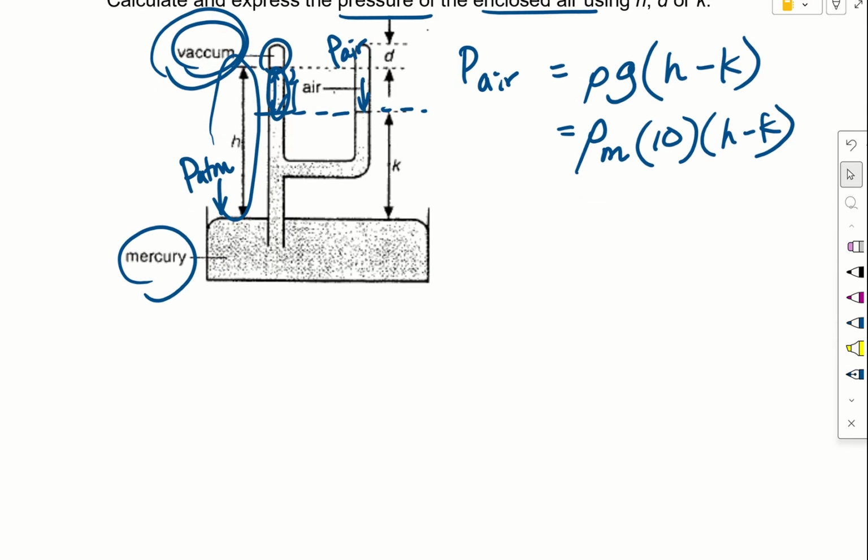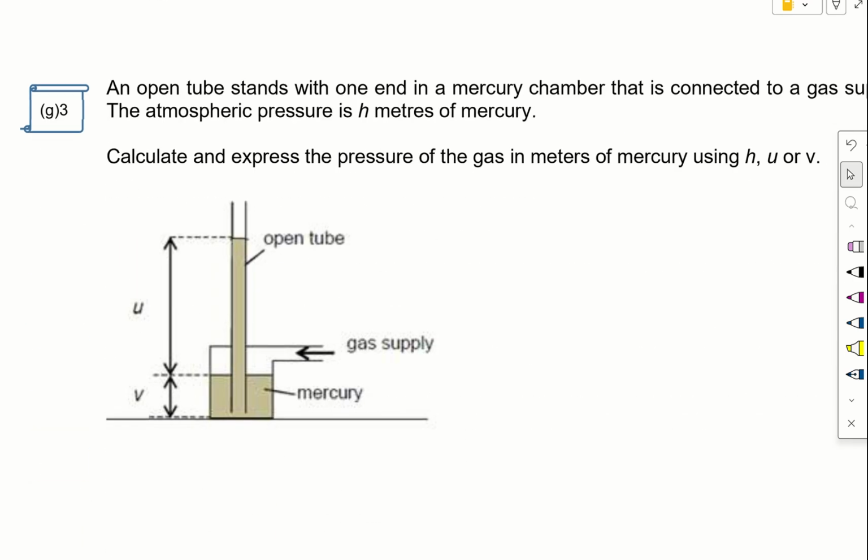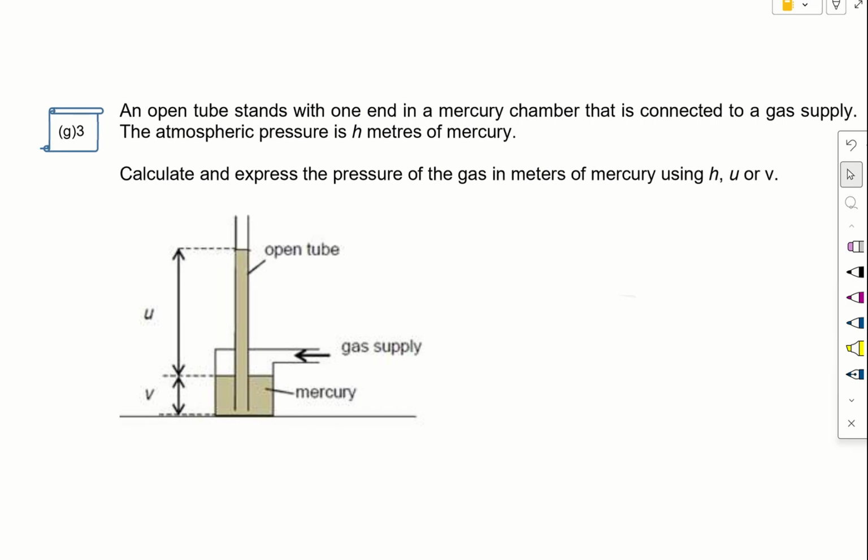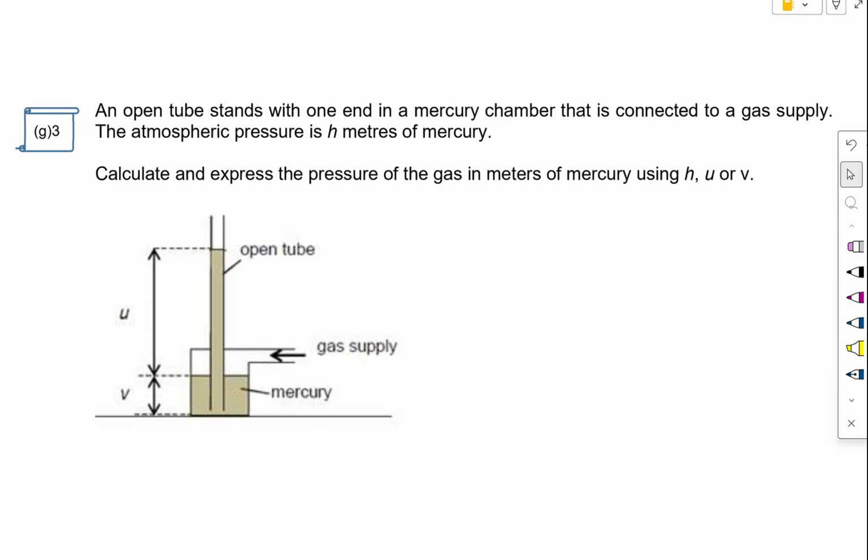So just follow the two steps: draw a downward arrow, and then apply same liquid, same level, same pressure. Now let's take a look at this. An open tube stands with one end in a mercury chamber that's connected to a gas supply over here. The atmospheric pressure is H meters of mercury.